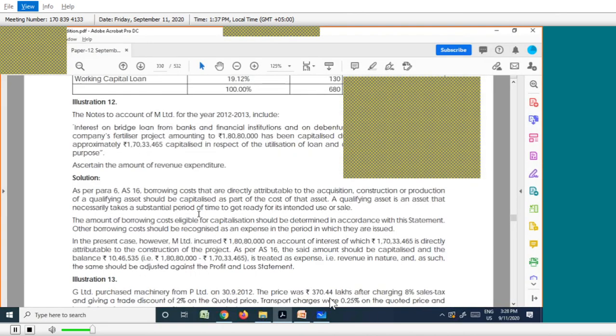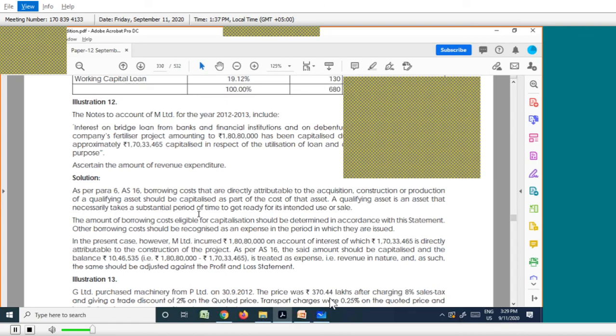So out of 1 crore 80 lakhs 80,000, 1 crore 70 lakh 33,465 only is eligible for capitalization. The balance 10 lakh 46,535 is not eligible for capitalization, so it should be debited to the P&L account.